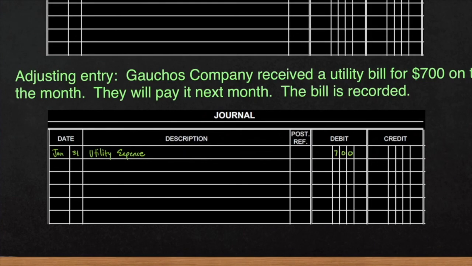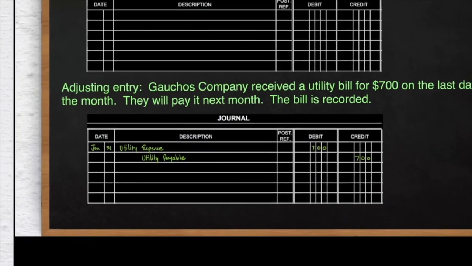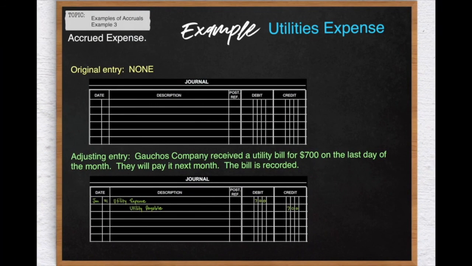And then you're going to credit utilities payable for $700. Usually it's the name of the company, whoever the business is going to pay in the future, and the word payable. But we'll just call it utility payable for $700. The point is the company owes for utilities to another company that provides those utilities.